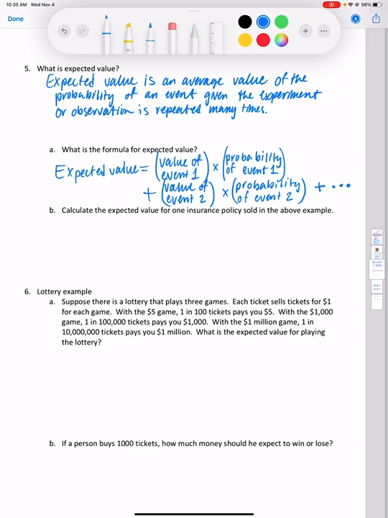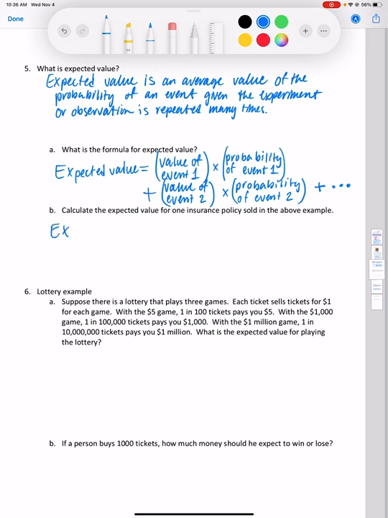So let's use the formula to calculate the expected value for one insurance policy. On average, how much would one insurance policy sold in the above example make? Now this will be one insurance policy if the policies are sold many times, many policies sold. What would be the average for one insurance policy? That's the expected value.